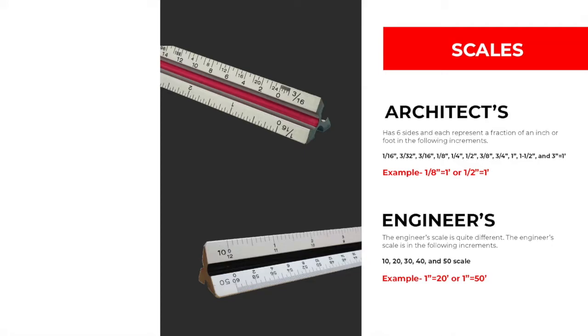In urban planning, for instance, the profession that I represent here at CAP, we use an engineering scale because many of our maps are at 1 inch equals 100 feet or 1 inch equals 200 feet in order to represent an entire city district on one sheet of paper.